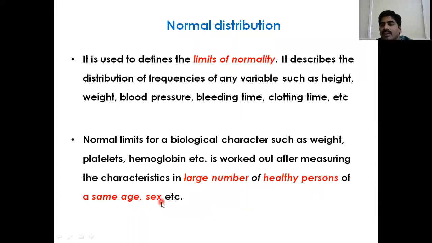For example, for hemoglobin, males are different, females are different, children are different, and in pregnancy the normal limits of hemoglobin are different, so we have to take homogeneous data here.